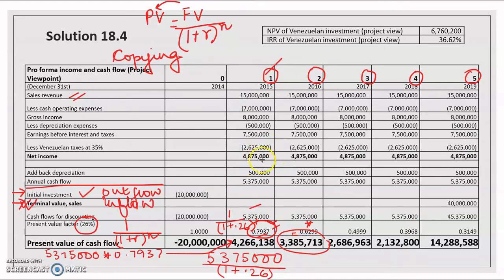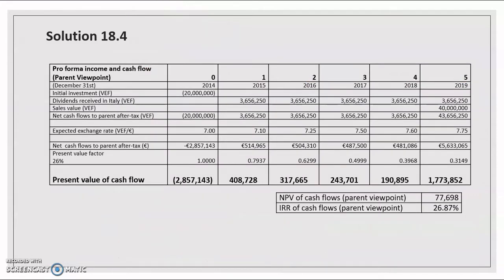75% of your net income has to be contributed or remitted back to the parent entity, which in other words is going to be 4875000 times 0.75, which equals your dividend remittance.